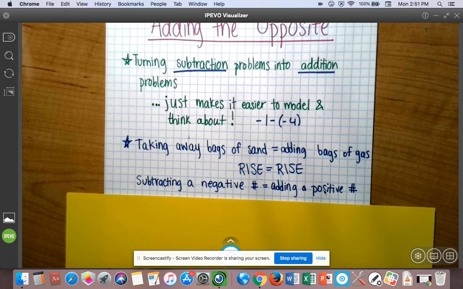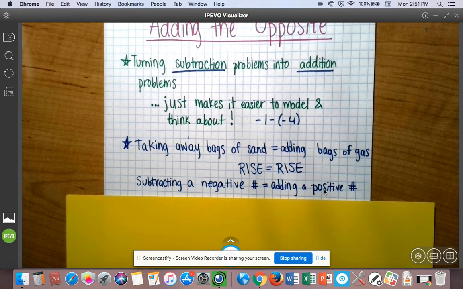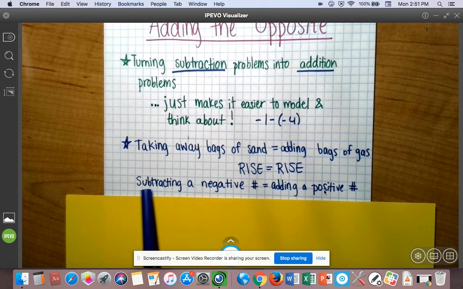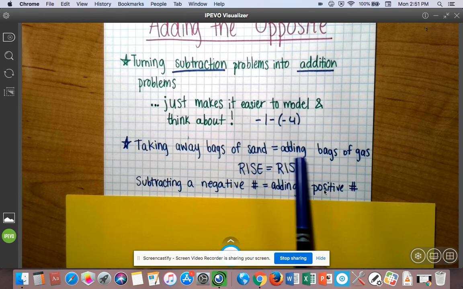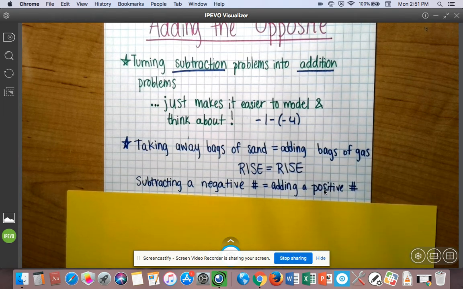So taking away bags of sand, subtracting away bags of sand, and adding bags of gas both make your hot air balloon rise. This will be connected to adding and subtracting because if you're taking away a bag of sand, you're subtracting negatives. If you're adding bags of gas, you're adding positives. So taking away bags of sand or subtracting a negative number is the same thing as adding bags of gas or adding a positive number.